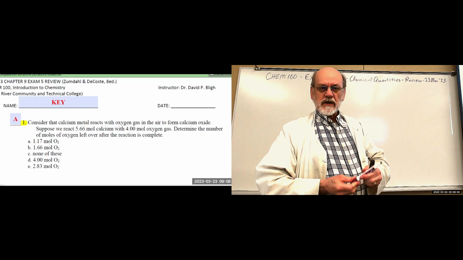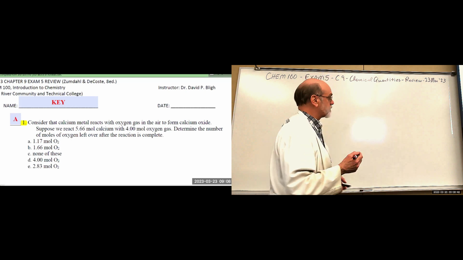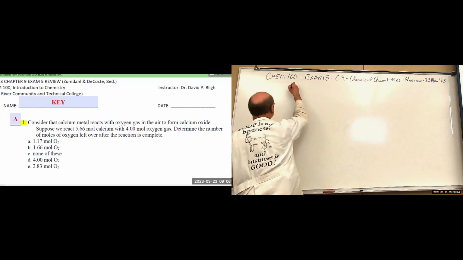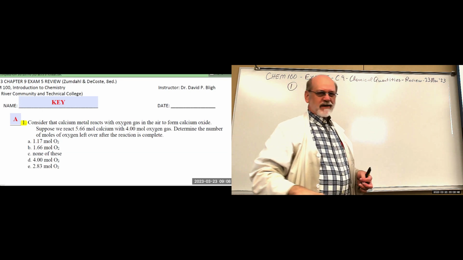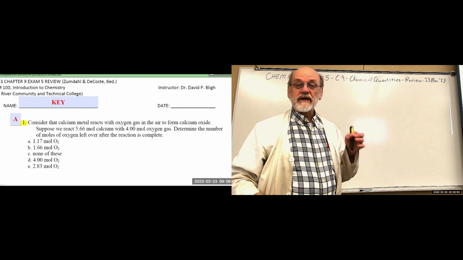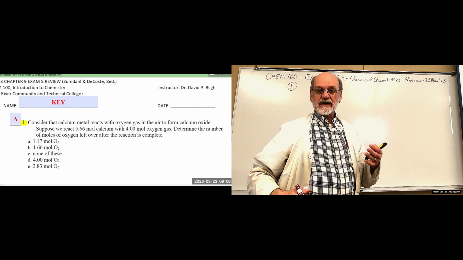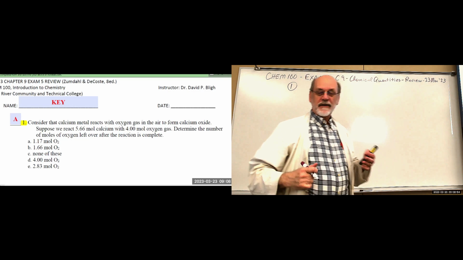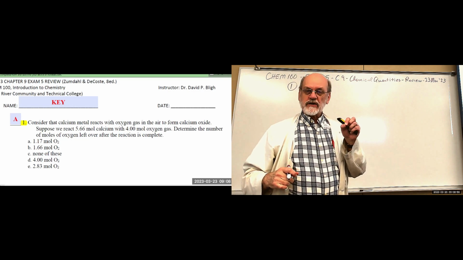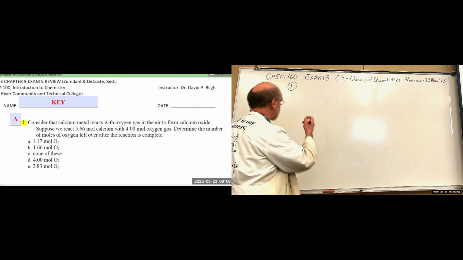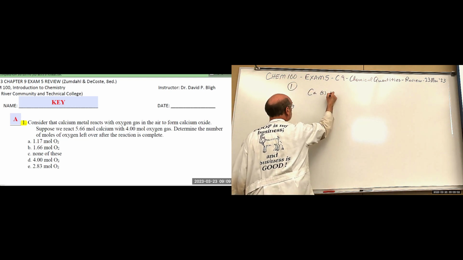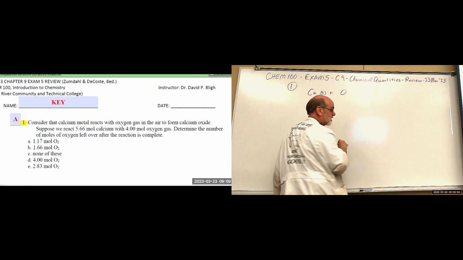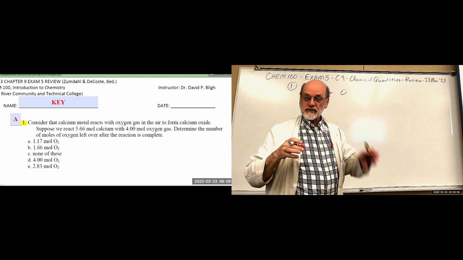All right, so I selected number 1 first. Number 1. Consider the calcium metal reacts with oxygen gas in air to form calcium oxide. So the controlling equation here is calcium metal, that's solid, plus oxygen in the atmosphere, which means what?